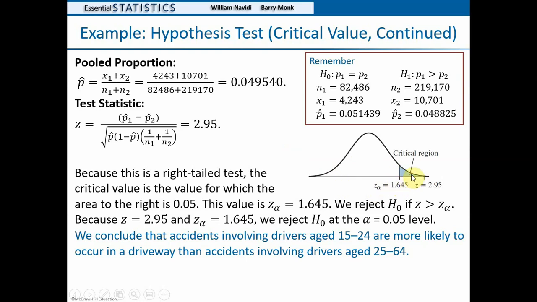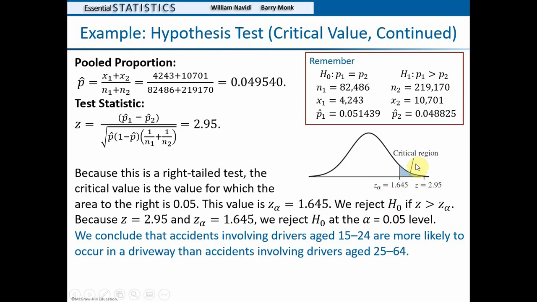Full area to the right on that right tail test would be 0.05, 0.95 is here, so the inverse is 1.645. Find the Z-score whose area to the left corresponds to 0.95, that's the inverse, and that's the 1.645.